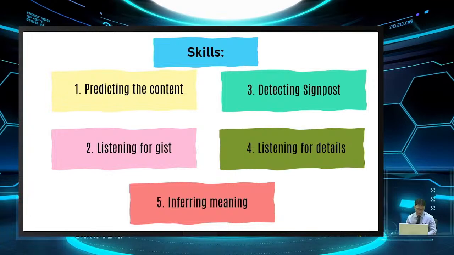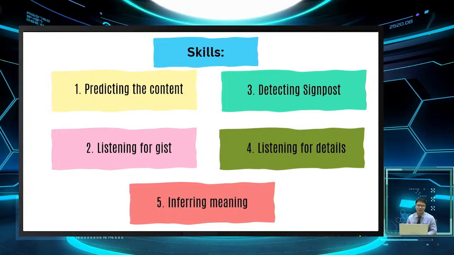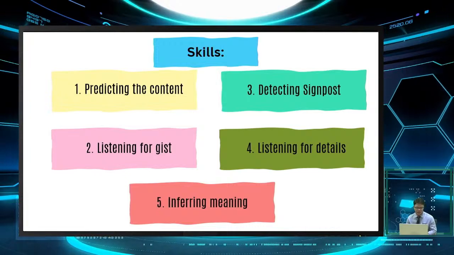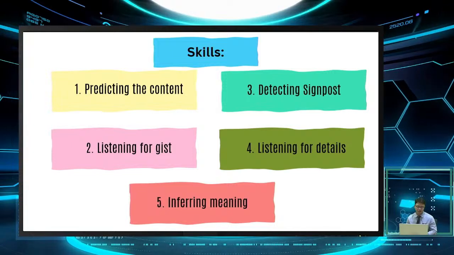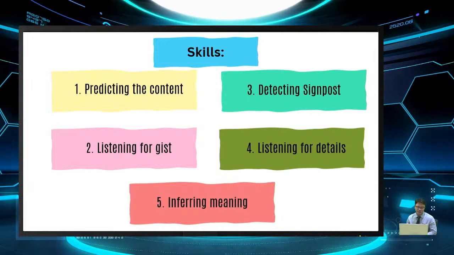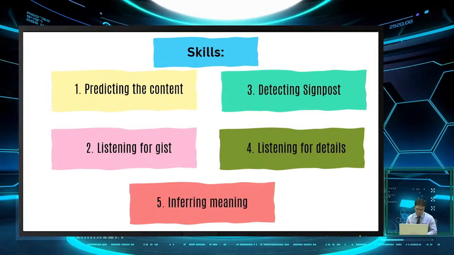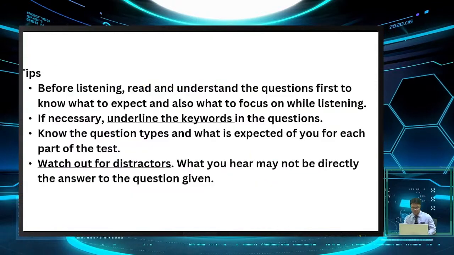Now, number 4, listening for details. In this part, we are listening for specific information, which is a large component or aspect of the listening paper. And lastly, inferring meaning, which means you need to deduce or make a conclusion based on the evidence provided to you.